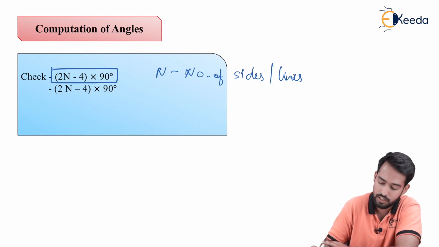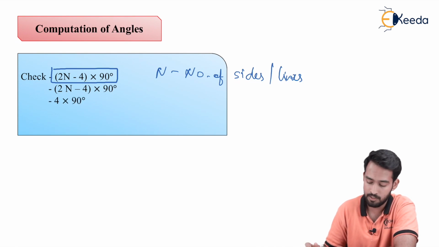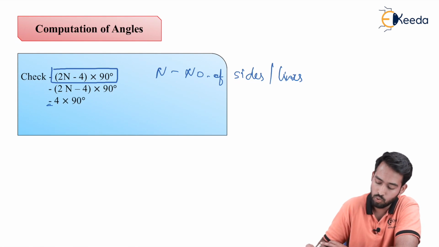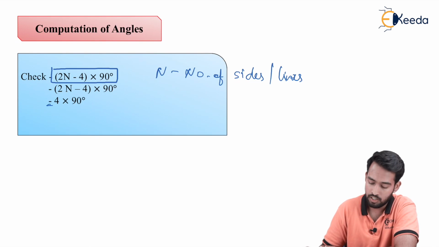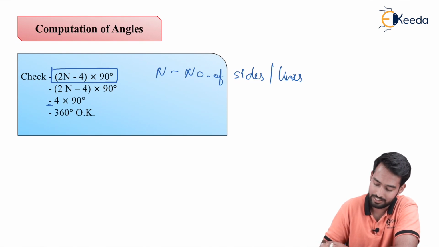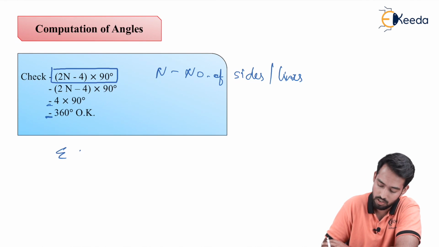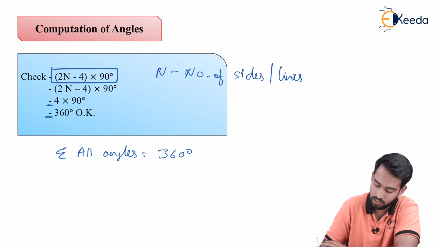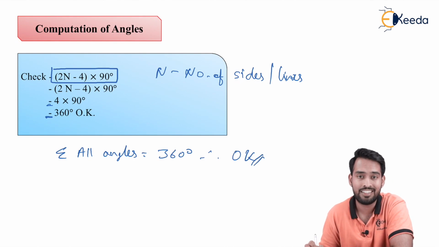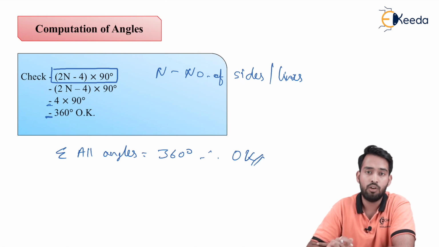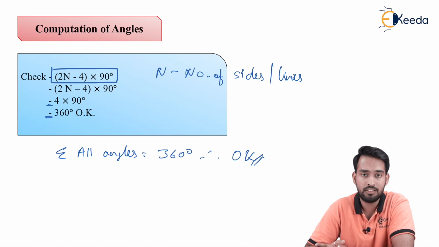So for this particular example, we have 4 lines. So it should be 2 into 4 minus 4 into 90, which is 360 degrees. And the summation of all angles was also 360 degrees. Therefore, the check is correct.